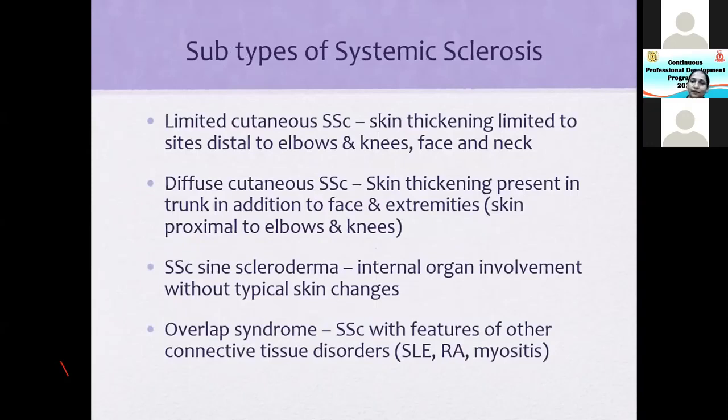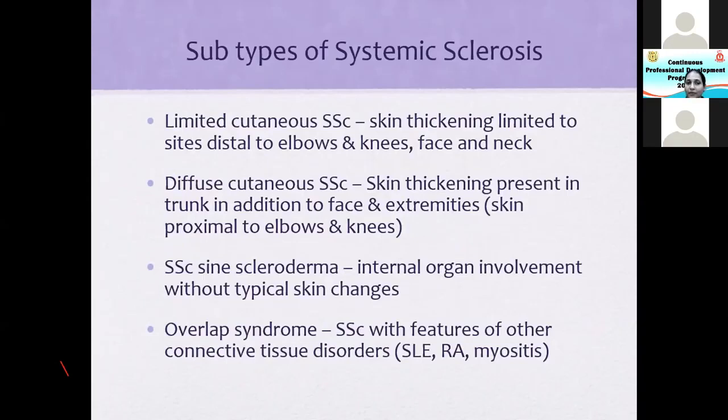There are mainly two subtypes of systemic sclerosis: limited cutaneous systemic sclerosis and diffuse cutaneous systemic sclerosis. And also another can occur, that is systemic sclerosis sine scleroderma. We earlier called it scleroderma sine scleroderma, where you have systemic sclerosis without thickening of the skin.